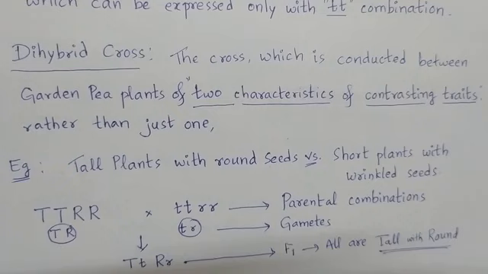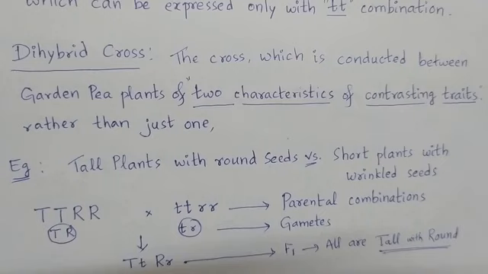So totally, how many characters are they presenting? Only one character. What is that character? Height. For the character height, tallness and shortness are the alternative forms. So Mendel conducted the cross between two garden pea plants by considering only one character of contrasting traits. Such a cross is known as a monohybrid cross.